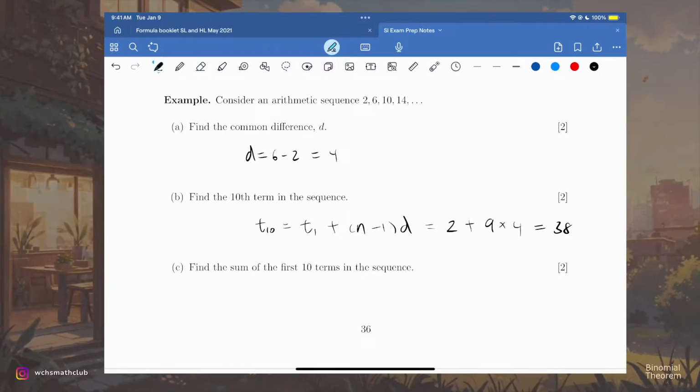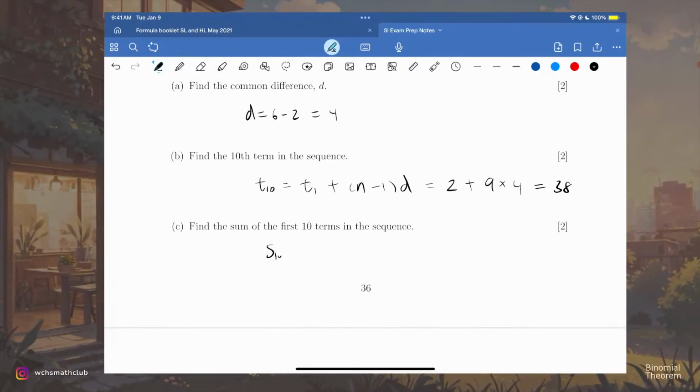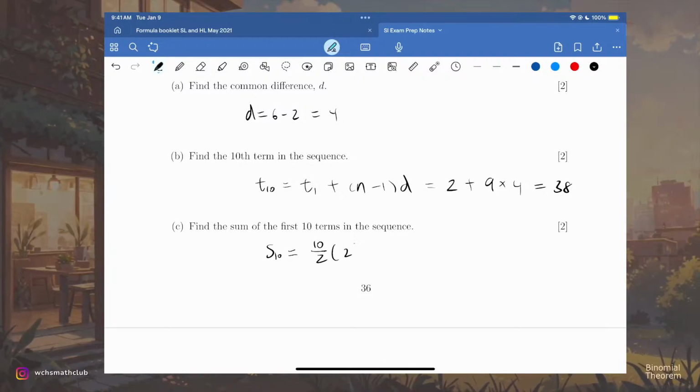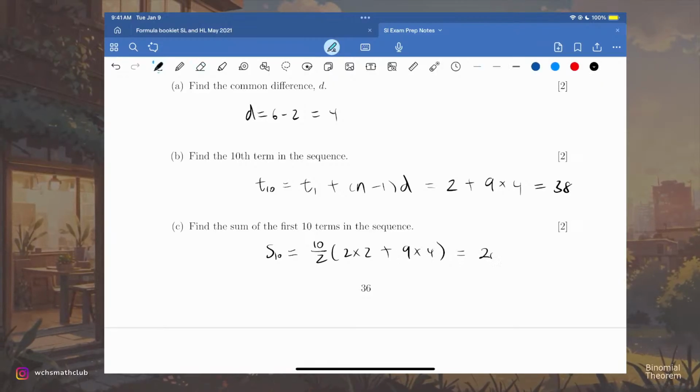And part C, find the sum of the first 10 terms in the sequence. S10 equals 10 divided by 2 times 2 times 2 plus 9 times 4, which equals 200.